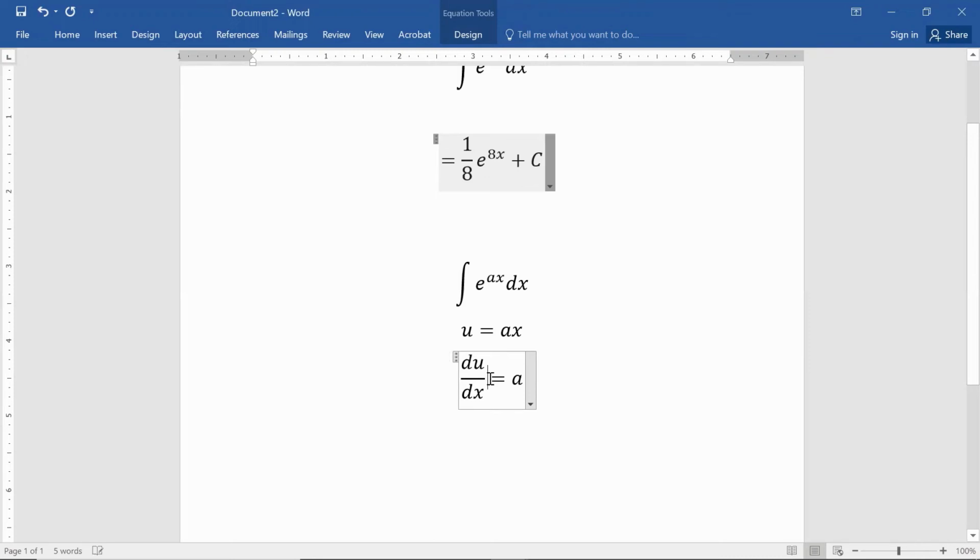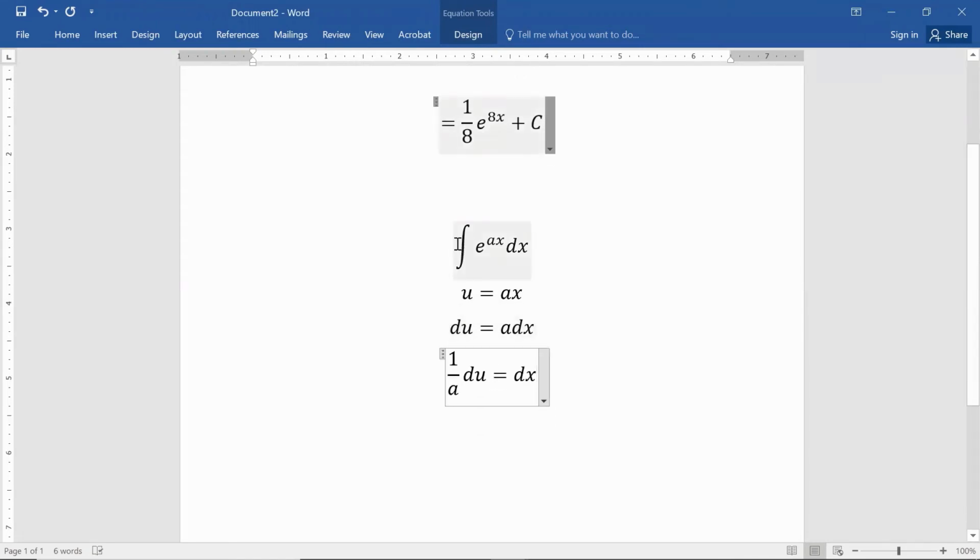I can rewrite that as a differentials problem. The du would be equal to a times dx, or 1 over the number a times du would equal dx.